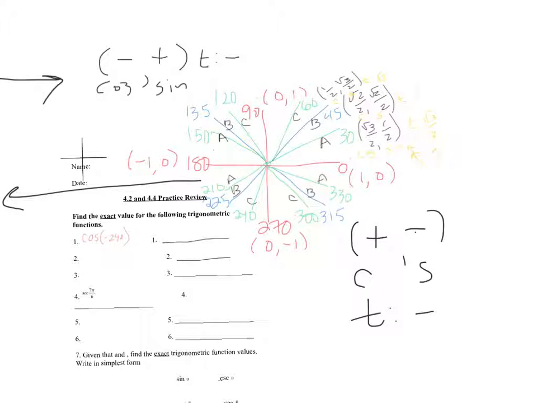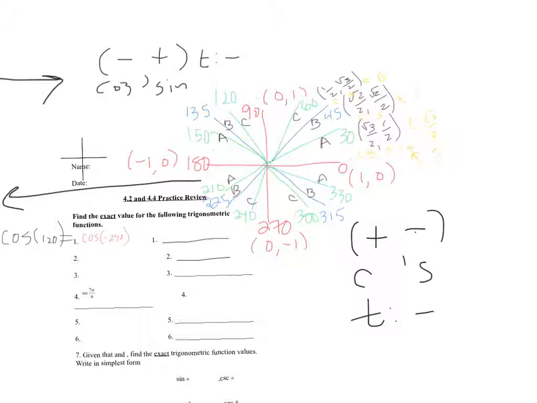And if I do that, I end up landing on 120 degrees. So 120 degrees is technically the same spot as negative 240. So I know the answer, cos negative 240 is the same as cos 120. So what's the cos of 120 degrees? Well, I look at the 120 degree spot and I see that I labeled it as letter C. So then again, we go to quadrant 1 where we labeled everything.